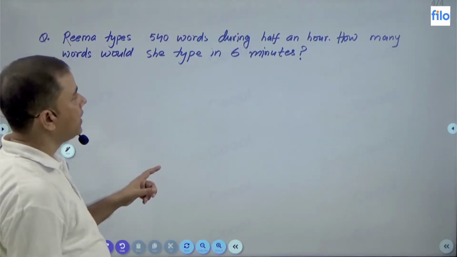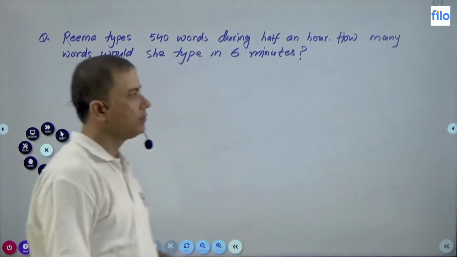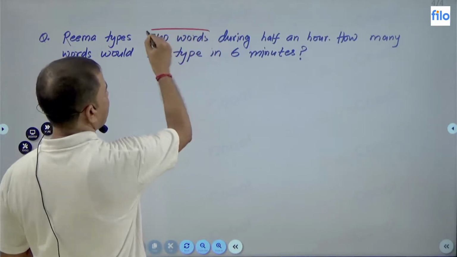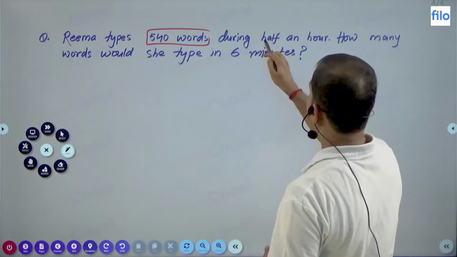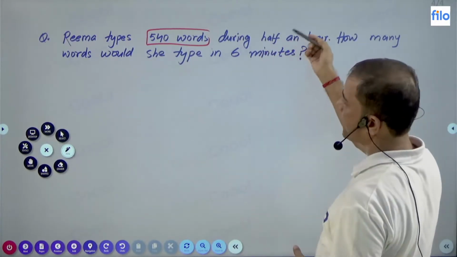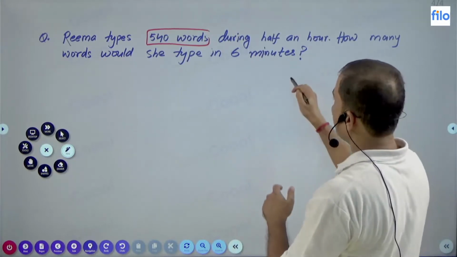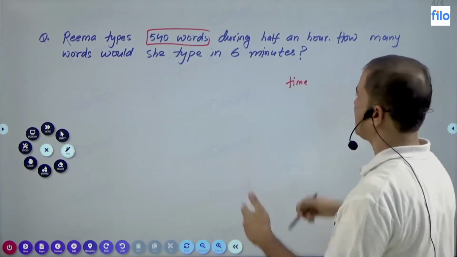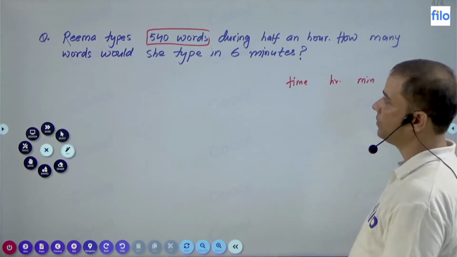Let us identify which two quantities are there in this question. First quantity, number of words. Second quantity, time, half an hour. But wait, the second quantity is time, but it has two different units, hour and minute. That is not good.